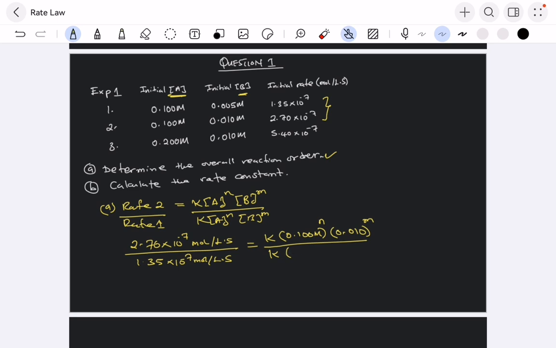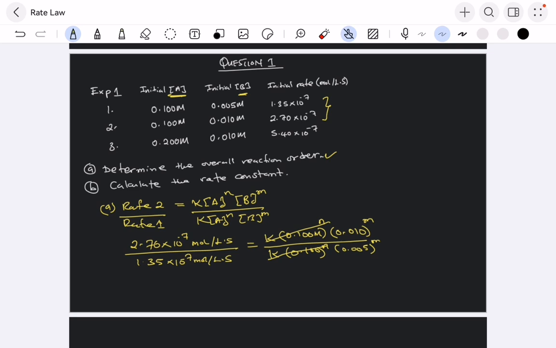So for rate 1 again, it is 0.100 to the n, and for rate 2 the initial concentration of B is 0.005. So you have to be consistent with the units. Here what happens is this and this will cancel.